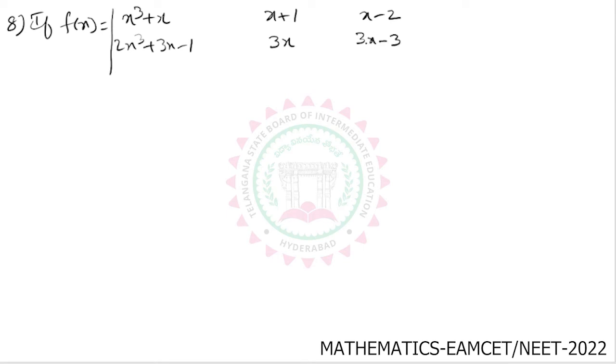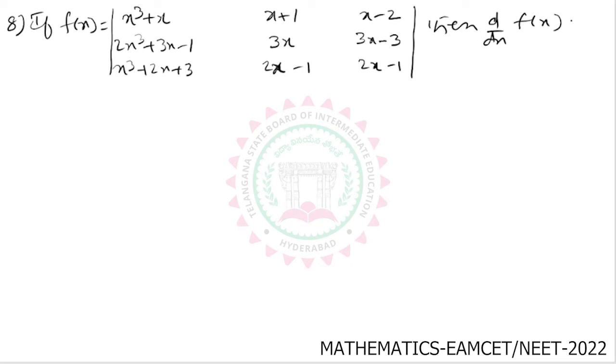If f of x is equal to the determinant with entries x cube plus x, x plus 1, x minus 2, 2x cube plus 3x minus 1, 3x minus 3, x cube plus 2x plus 3, 2x minus 1 and 2x minus 1, then d by dx of f of x is equal to.